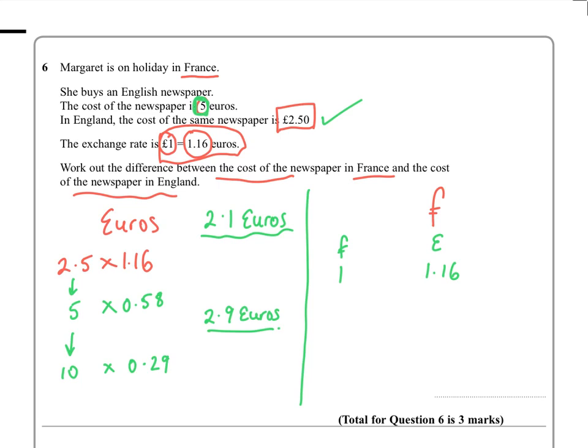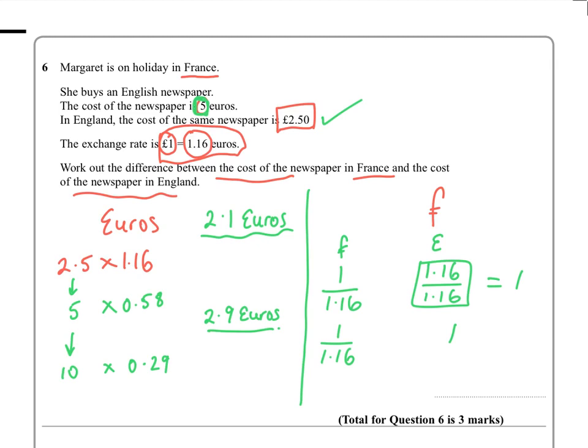So if we divide both sides by 1.16, that will give us what €1 is. So €1 is 1 divided by 1.16, and I'm not going to try that without a calculator, I promise you that, so we don't need to.